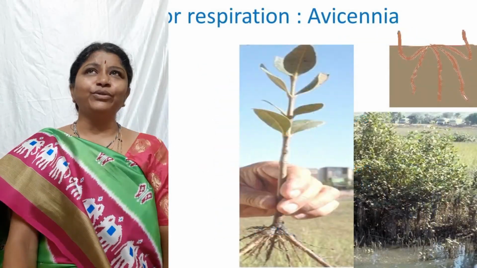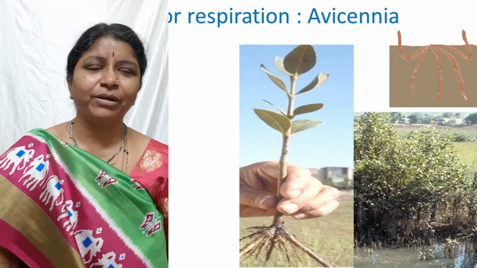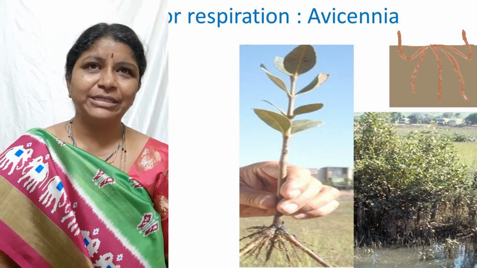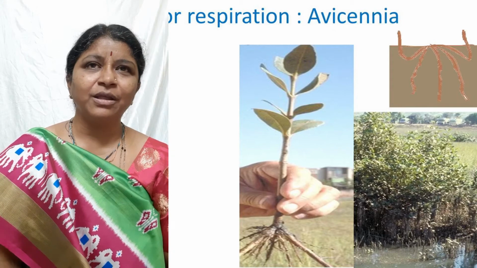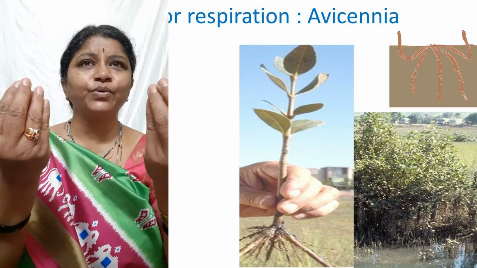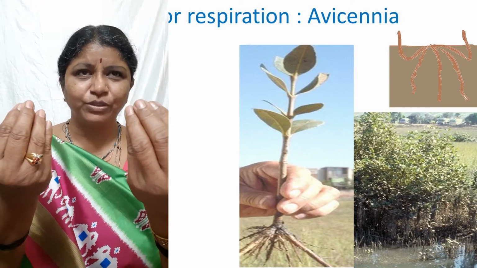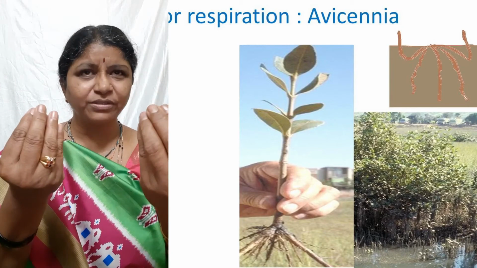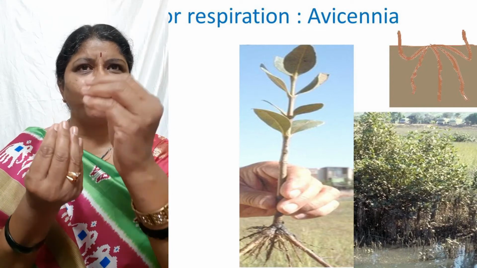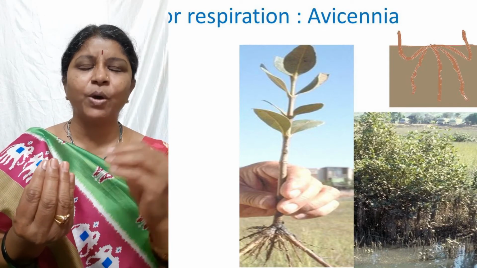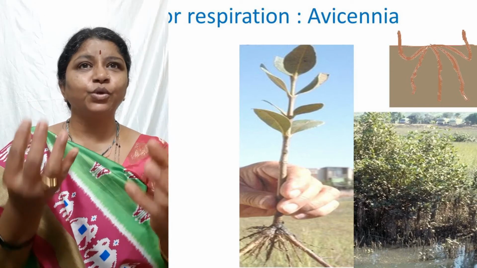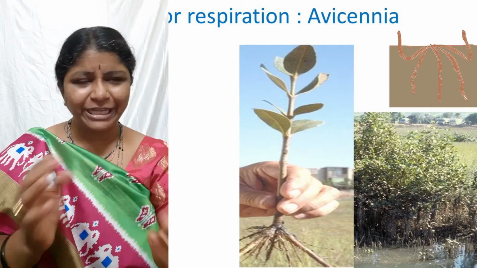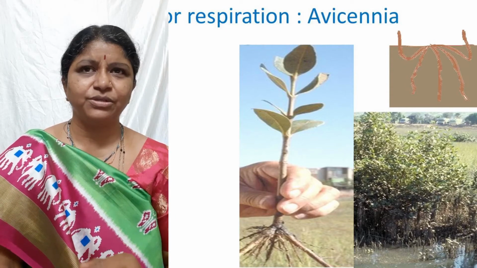And the fourth category is roots that are helpful in respiration, like those in halophytes such as Rhizophora and Avicennia, where some of the lateral roots grow apogeotropically. Apogeotropically means they grow above the ground. These roots are provided with small pores, known as lenticels or pneumatodes, through which they exhibit gaseous exchange.